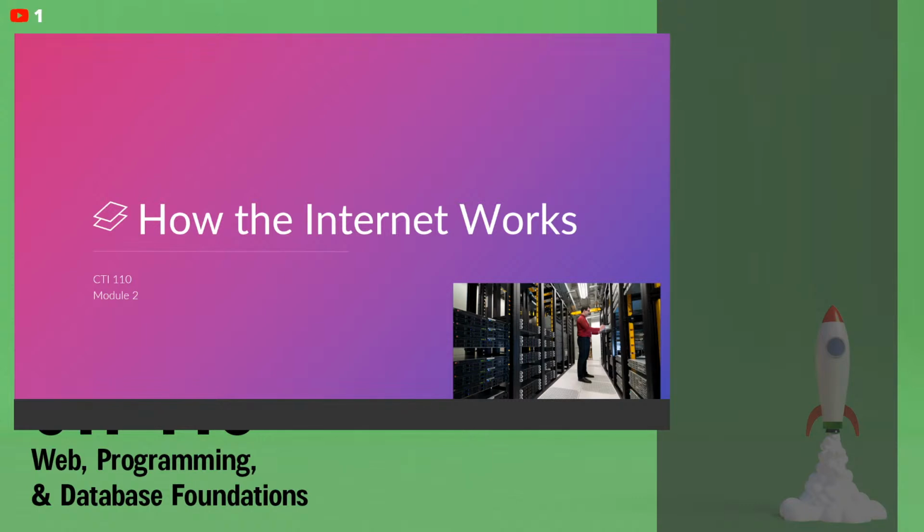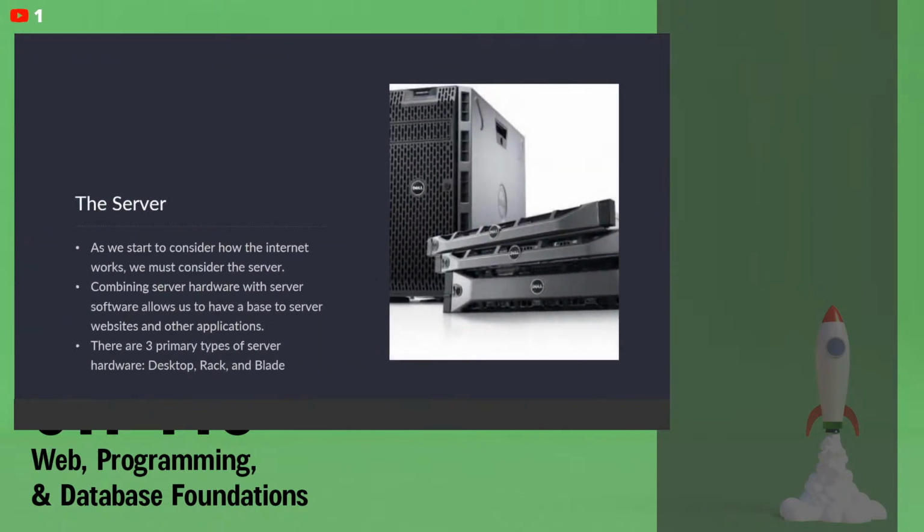We'll just look at this from a high overview perspective with a focus on specifically website traffic and how that moves through. So the first thing we're going to need to talk about is the key piece of hardware that is utilized for our web traffic, and that is the server. Since we're thinking about the internet in general, we need to think about the server. The server is the big thing here.